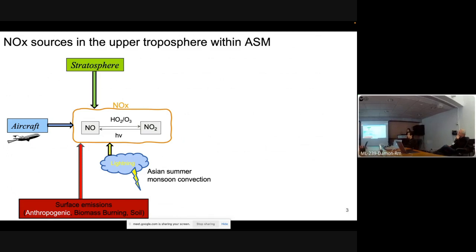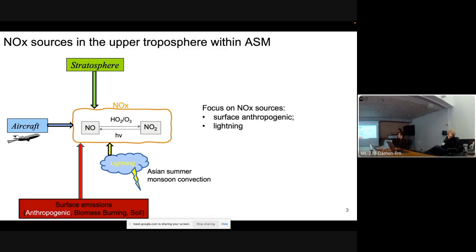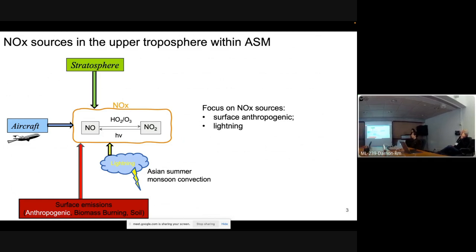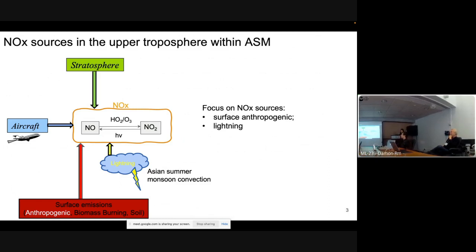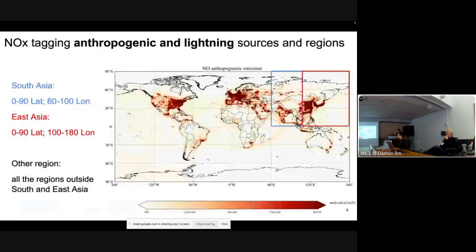Within the stratosphere, nitrous oxide can undergo photolysis and produce NOx, which can also be transported into the upper troposphere. Here in my tagging study, we'll only focus on tagging the NOx sources from surface anthropogenic and lightning, since they are the two major NOx sources, and they are both associated with the monsoon convection directly.